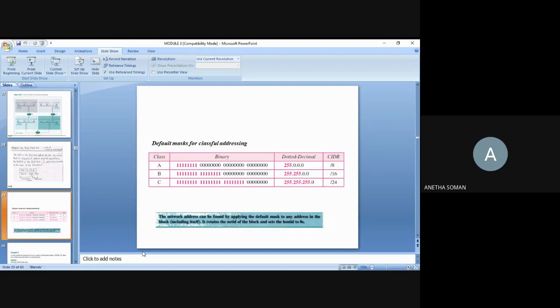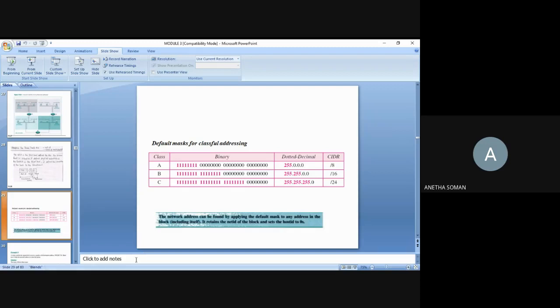That is a slash followed by the number of ones, so it is called slash notation. In class A, it is denoted as /8. What is the meaning of that? You have 8 ones. /16 means you have 16 ones, and /24 means you have 24 ones.